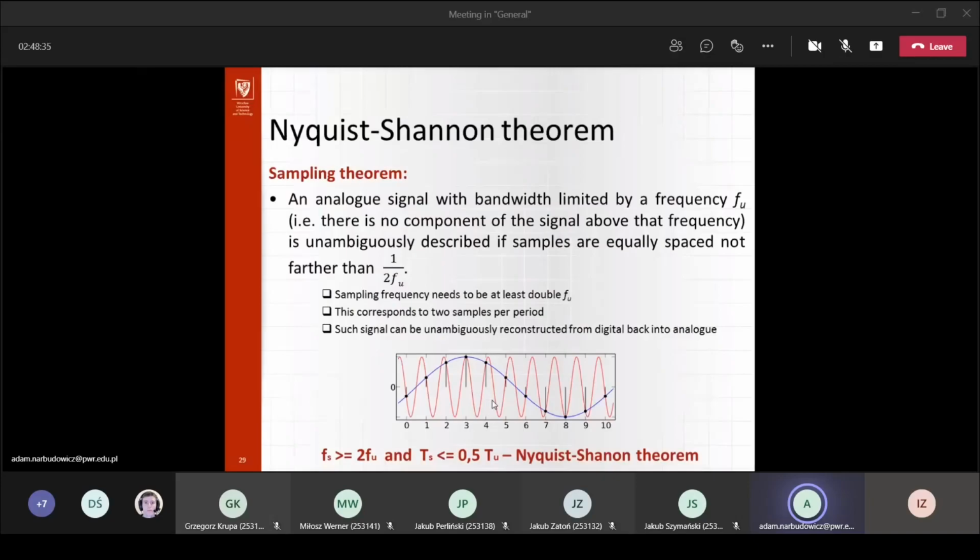And so in terms of moving the frequency, this is a little bit tricky, right? But in principle, this theorem deals with the signal in what's called baseband, right?